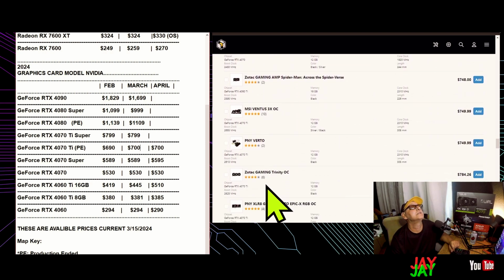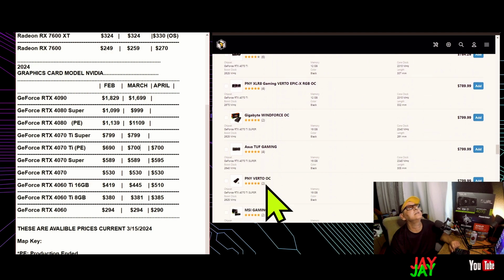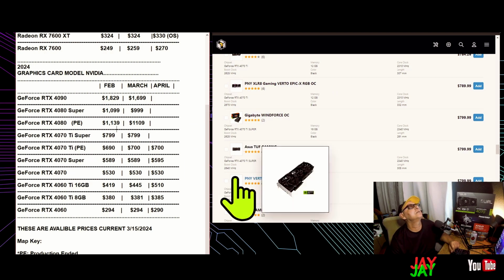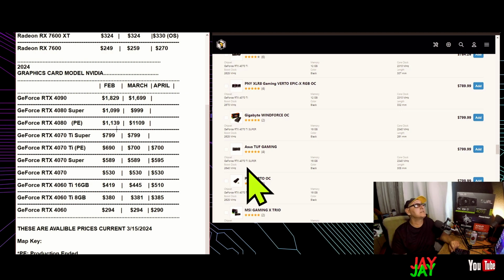Okay. 4070 Ti right here. 4070 Ti Super. $800. I should have done these prices a little bit better. I do apologize to everybody for this. We'll fix it as we go along.